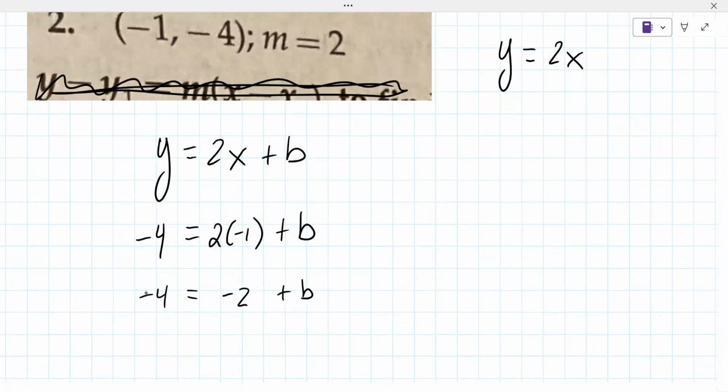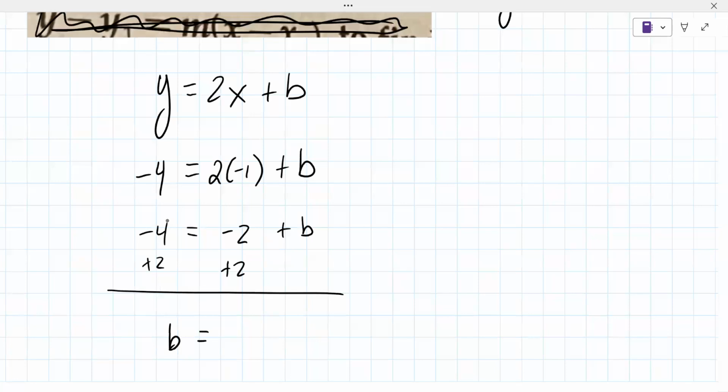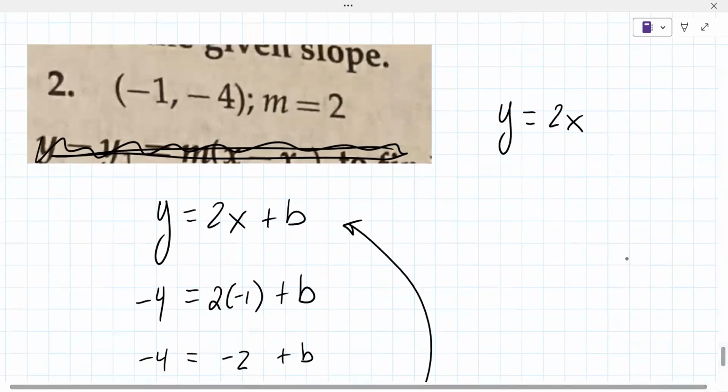How do you undo -2? You would add it to the 4. So it's -4 plus 2, so that would end up being -2. So b would be -2, so it would be y equals 2x plus -2.